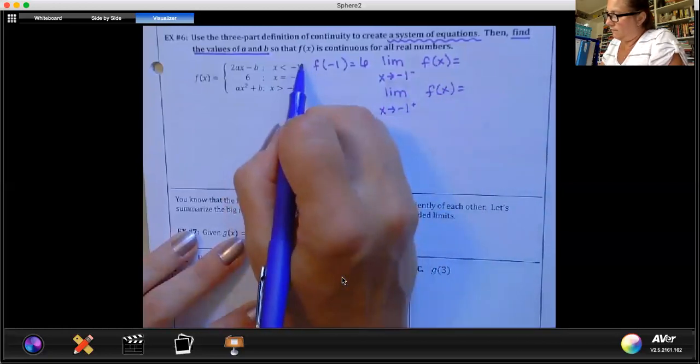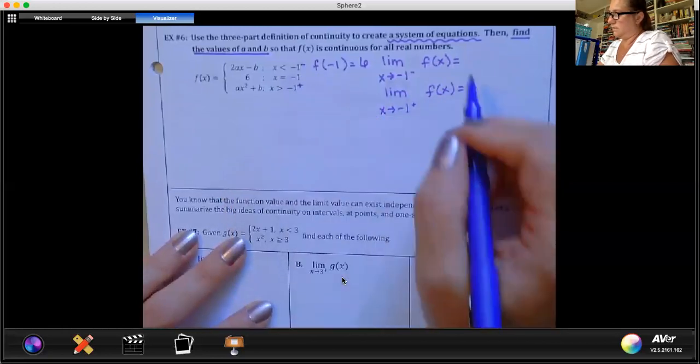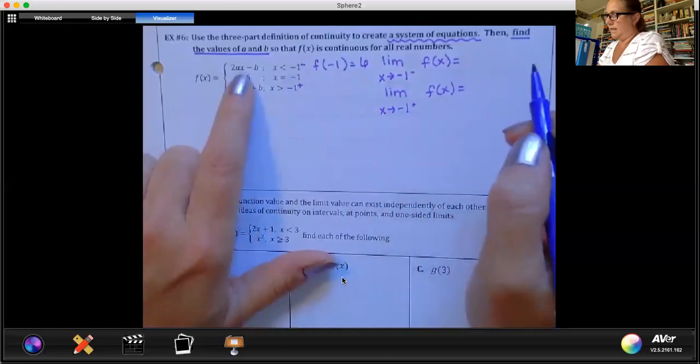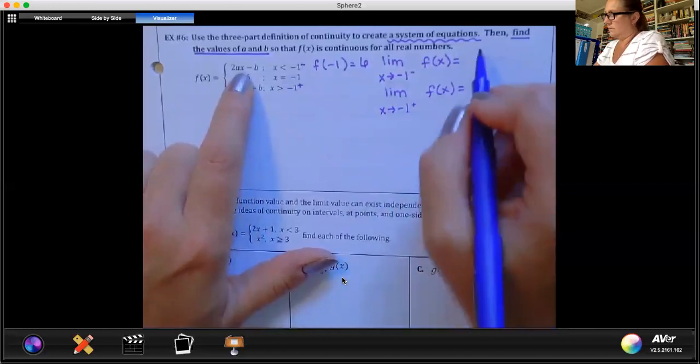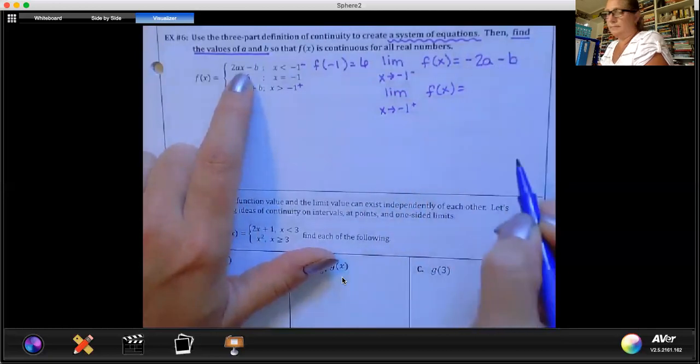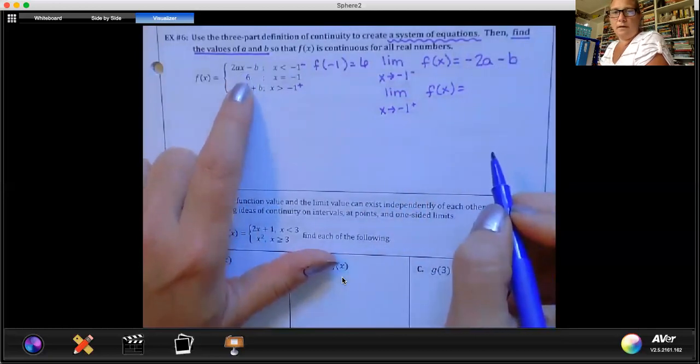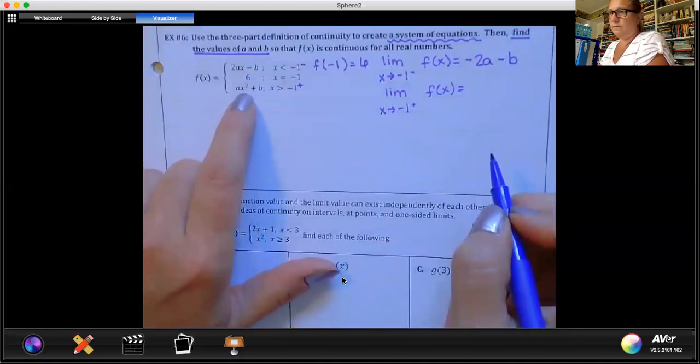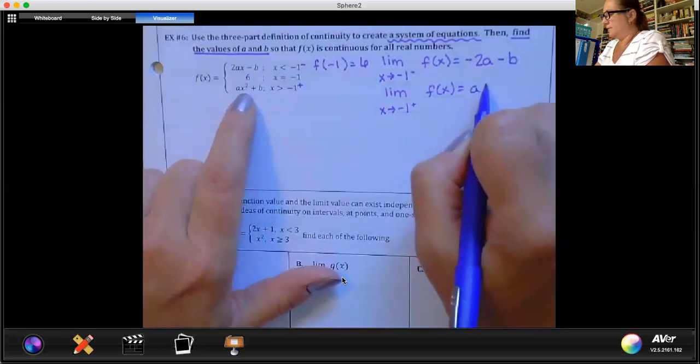So from the left, plugging in negative 1 for x gives you negative 2a minus b. From the right, plugging in negative 1 gives you a plus b.